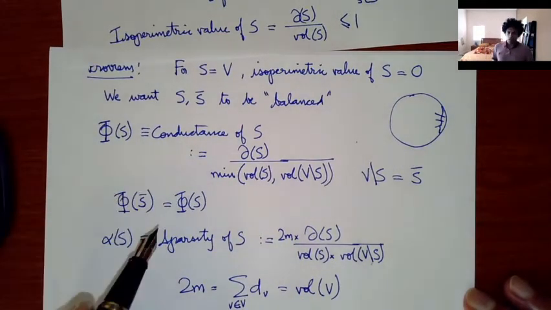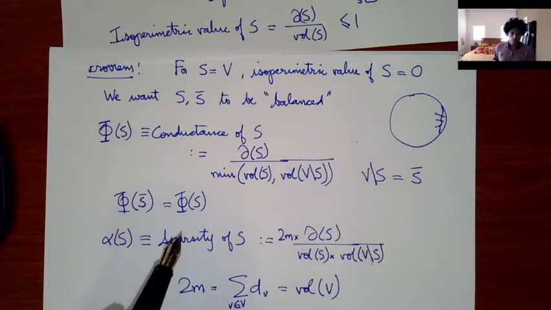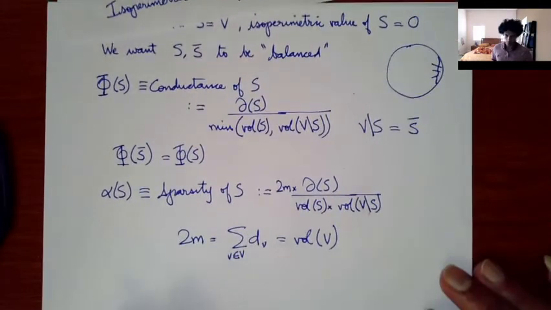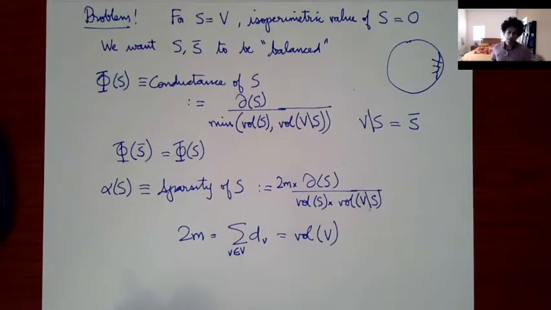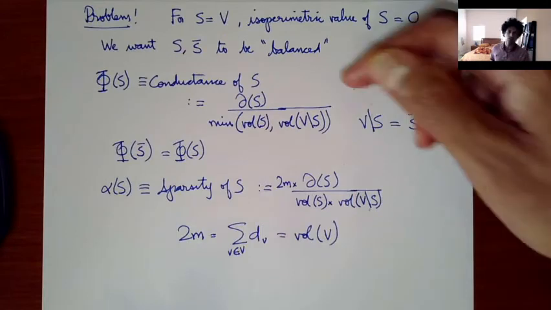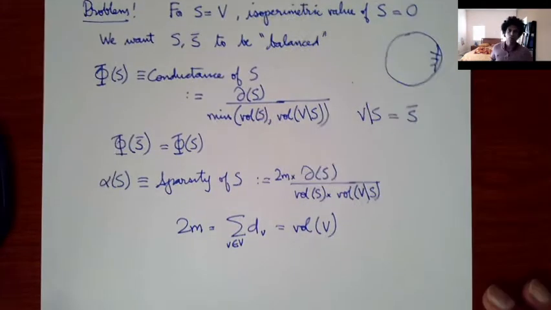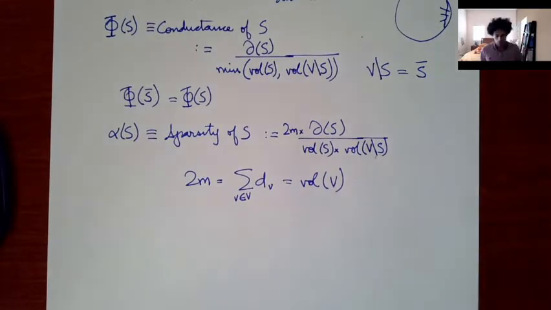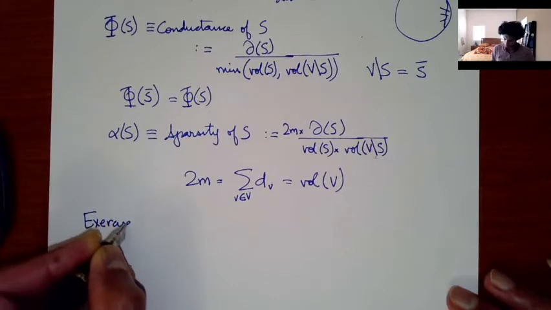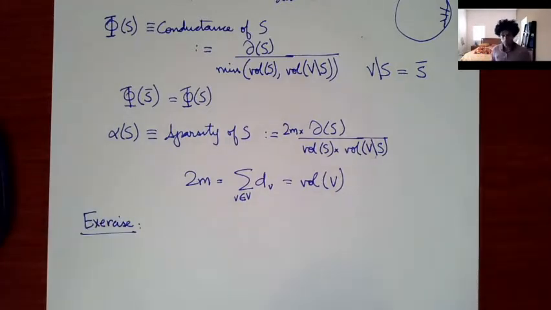The conductance and the sparsity are essentially related to each other, exactly by a factor of 2. You'll see, in some notes, they actually flip these notions. This is called the sparsity, this is called the conductance, and the first one is called the sparsity. It doesn't matter because we will be ignoring constant factors anyway.